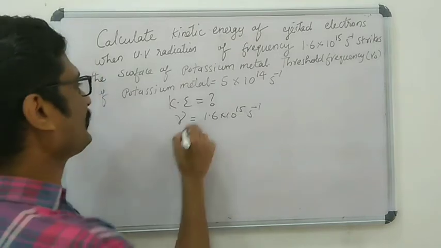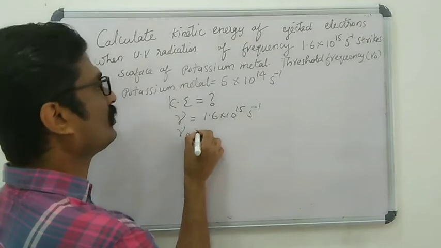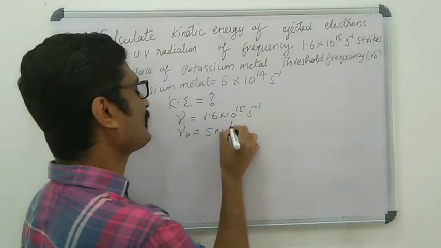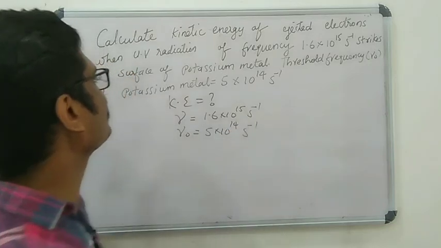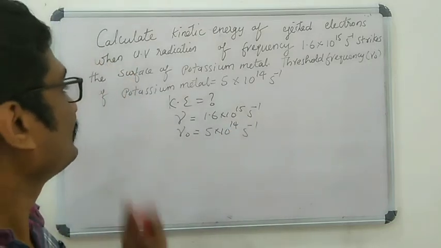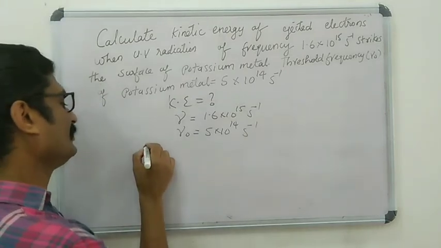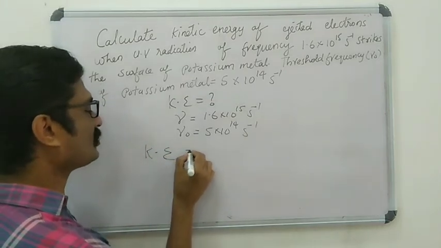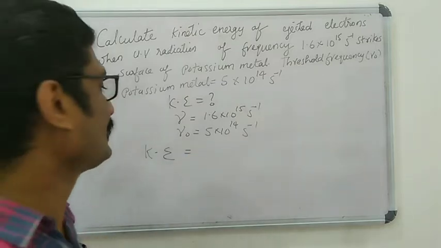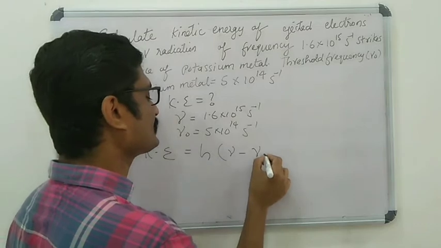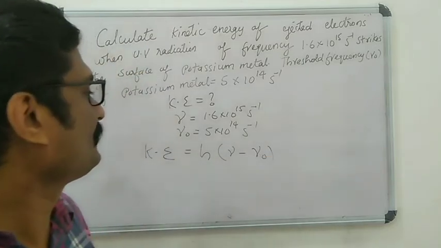Here the threshold frequency nu 0 of potassium metal is 5 into 10 raised to 14 second inverse. We know the kinetic energy of the ejected electron is equal to h into nu minus nu 0.